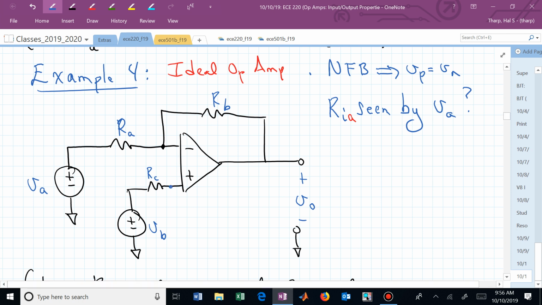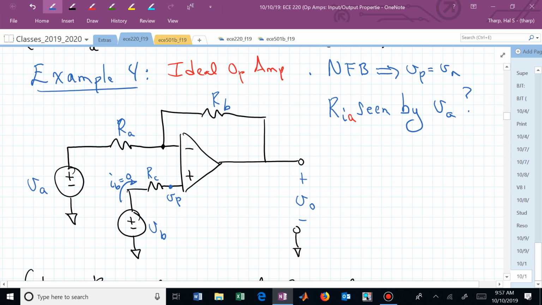Here's V sub P, and here's I sub B if we need it. What is I sub B? That one's 0 now. We don't have another path for it to go to. And for that reason, what is V sub P? V sub P is, in fact, V sub B, because there's no voltage drop across that resistor R sub C since there's no current flow.